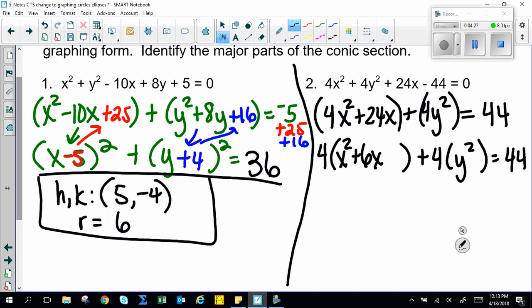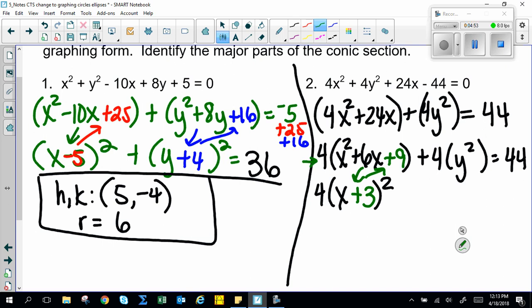All right, so now I'm ready to complete the square. So I still have the 4 here, and I'm going to have x plus something squared. So this is where I take half of my middle term, which is 3, and when I square that, it's 9. So how much did I just add to this line that I didn't have before? 36.